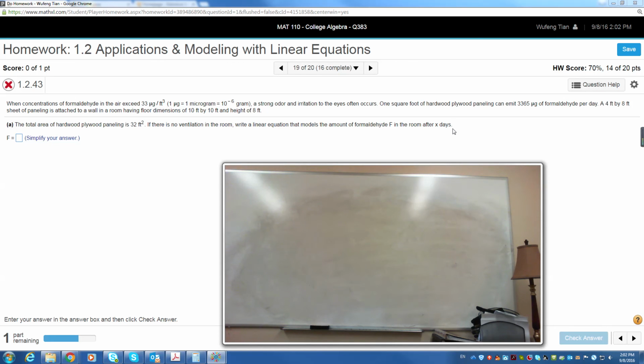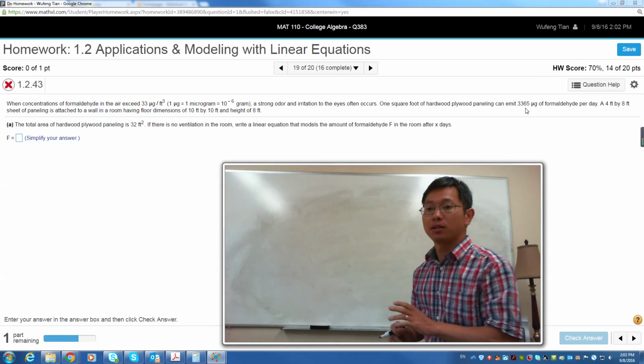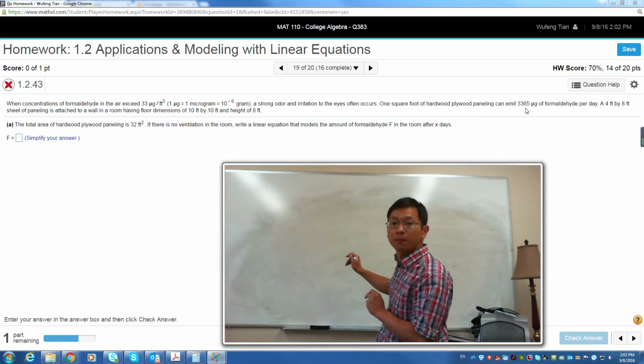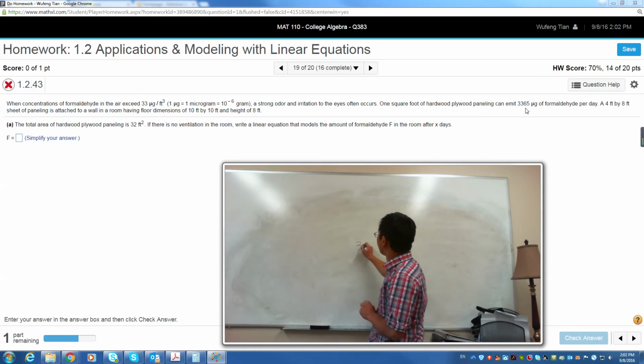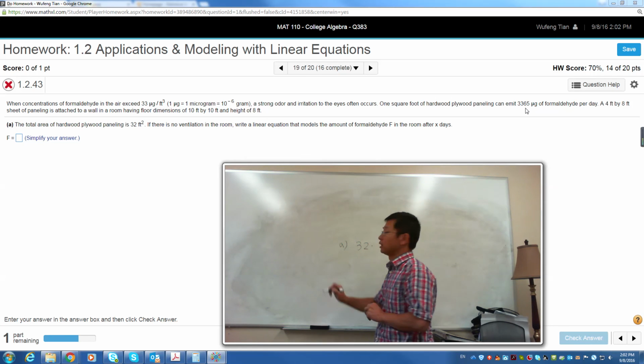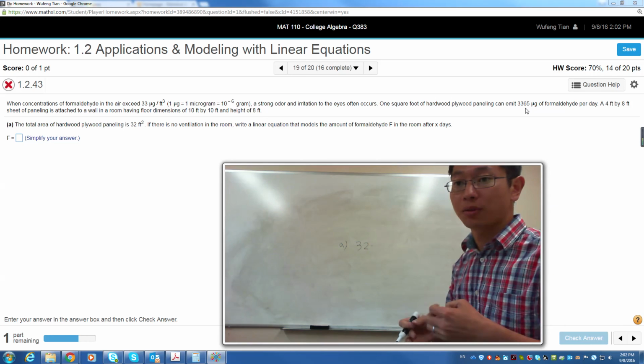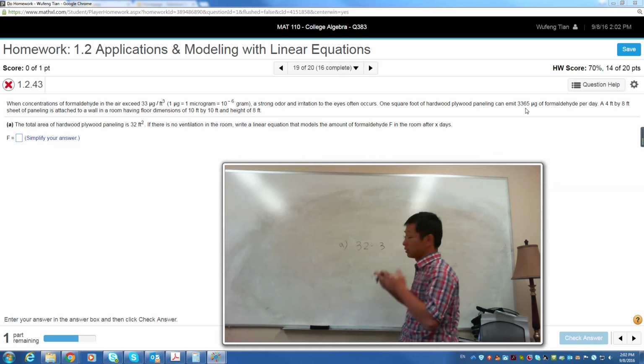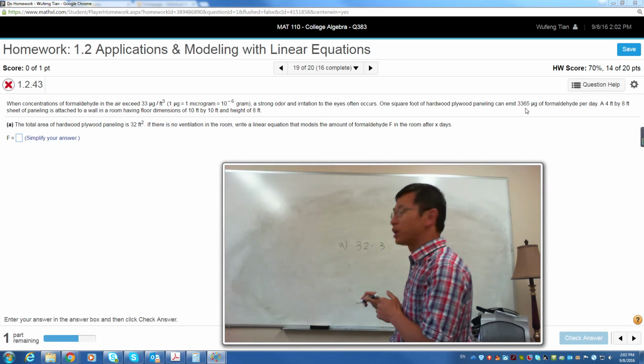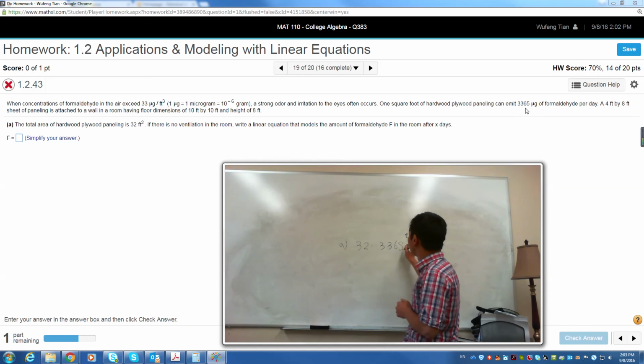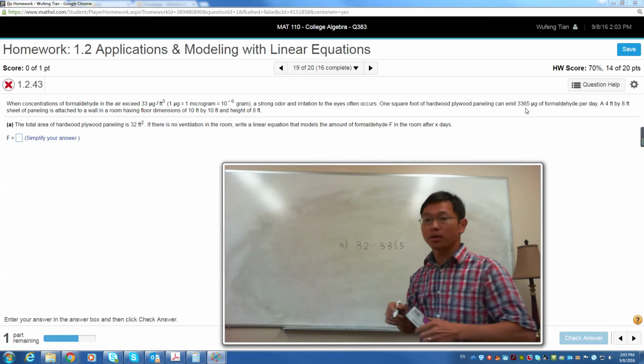So now it's 32 square feet. 1 square foot actually emits 3,365 micrograms per day, and then 32 square feet, so it's going to be 32 multiplied by 3,365.